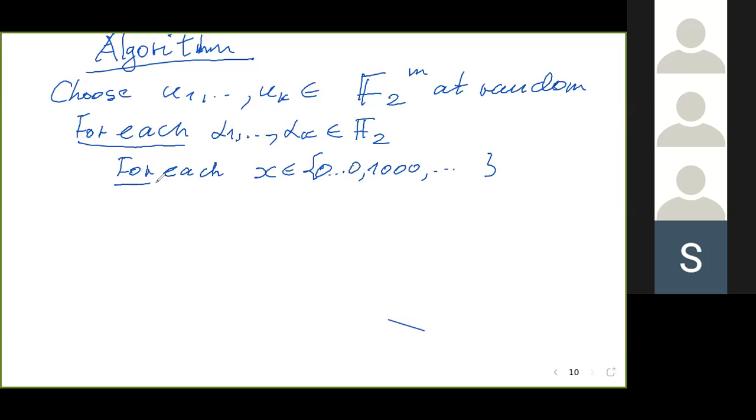Compute, call it beta of x, which is equal to the majority vote of f of x plus ri. Sorry.